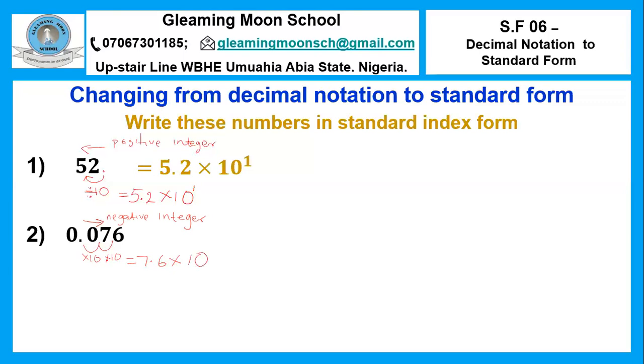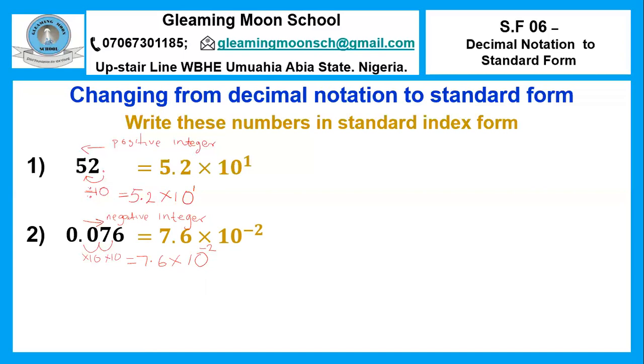How many times did we times it by 10? 2 times. So we've moved it 2 times, we've multiplied by 10 2 times. So our power is going to be 2. And because we multiplied, we've gone to the right, we have a negative power. So it's going to be raised to the power of negative 2. And that gives you your answer there. 7.6 times 10 raised to the power of negative 2.